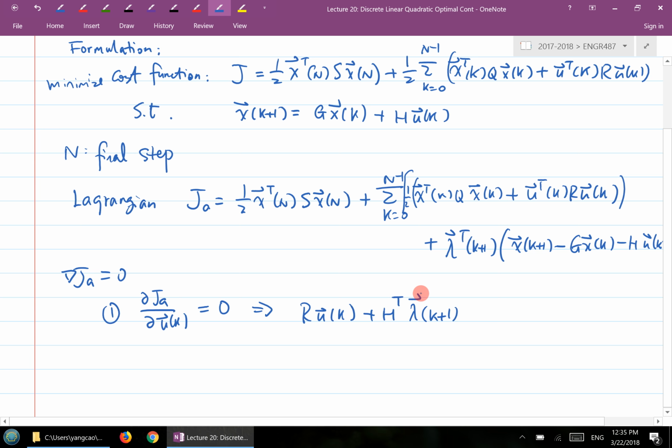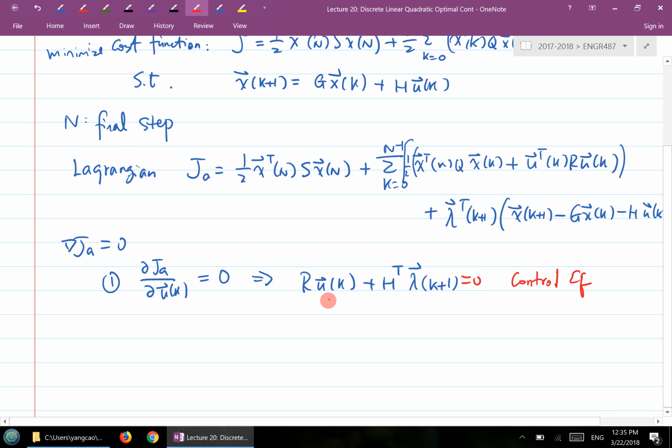This gives us the first equation, which is called the control equation, because from it we can solve for the control input u.